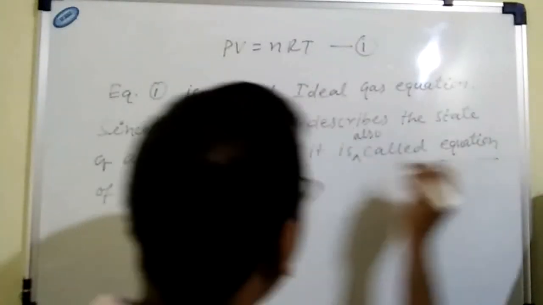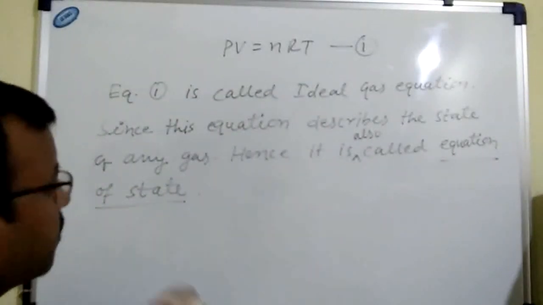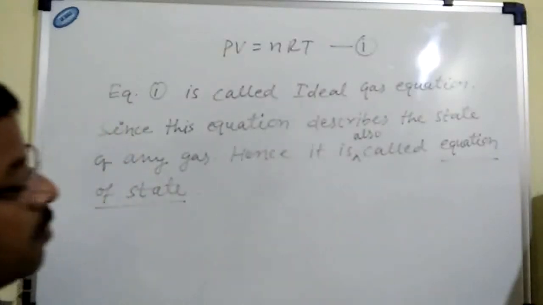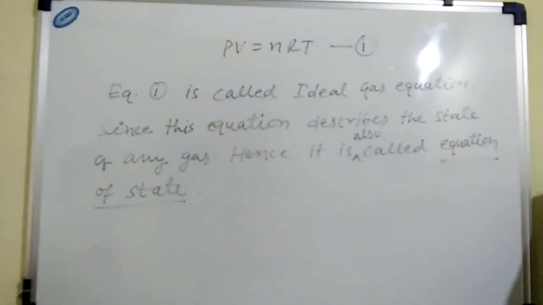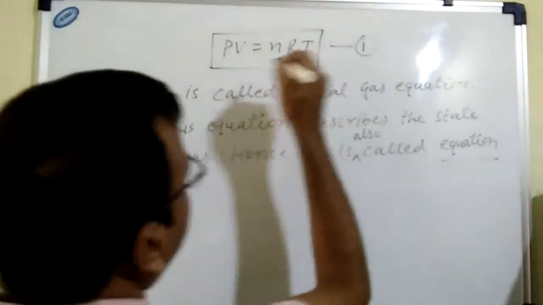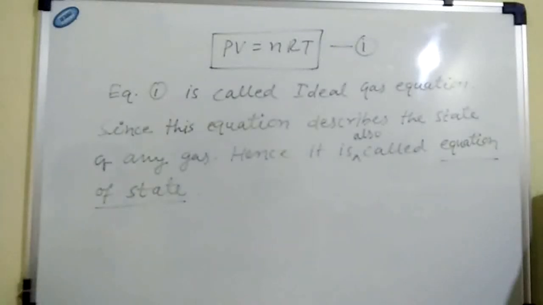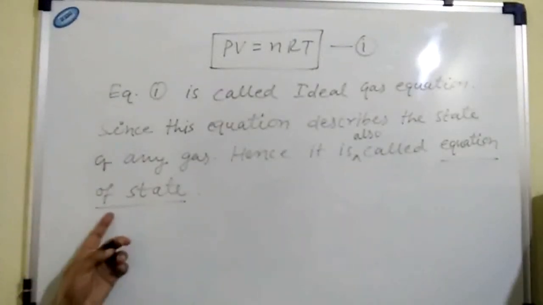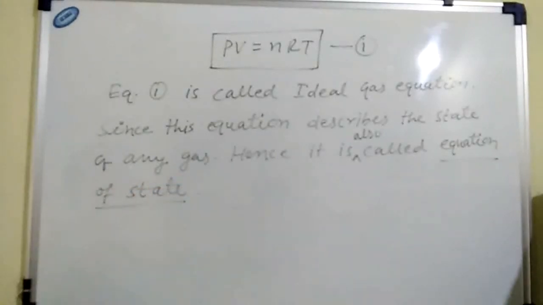So you can underline equation of state. So this is equation 1. The ideal gas follows this equation, so it is called the ideal gas equation. It is also called the equation of state, since it describes the state of any gas.